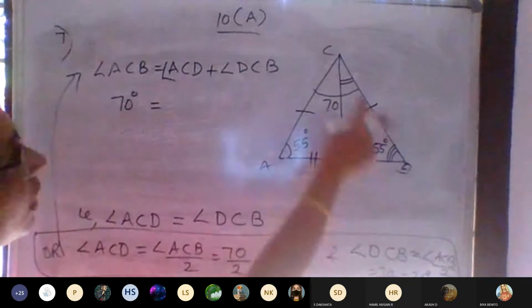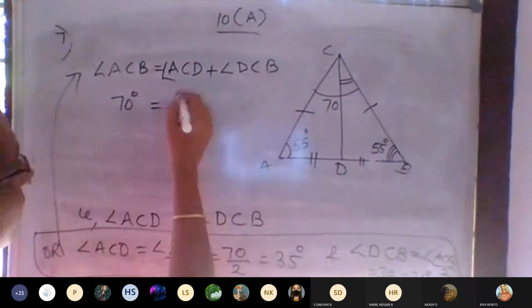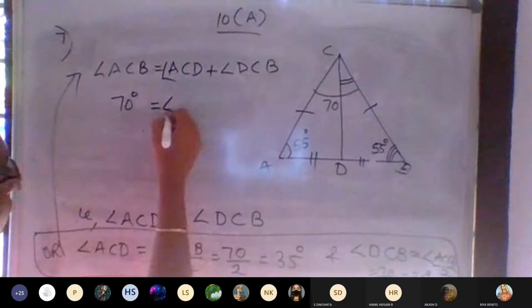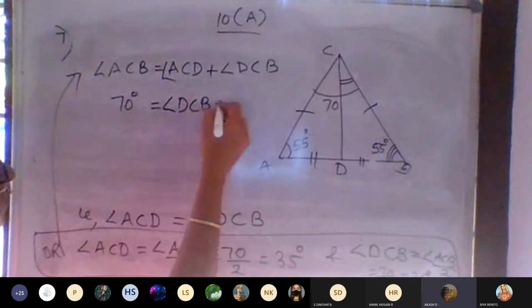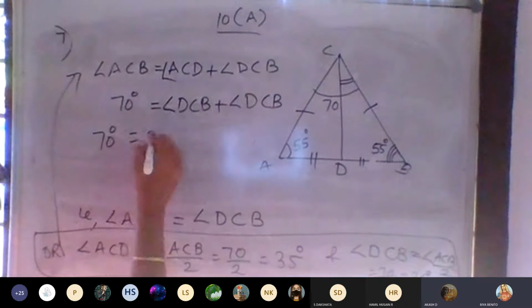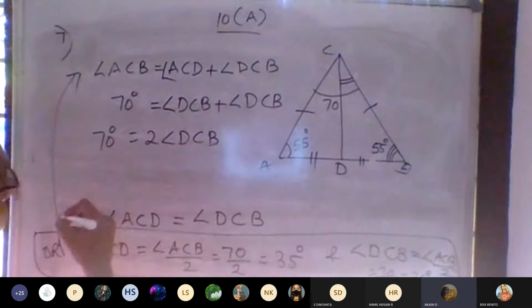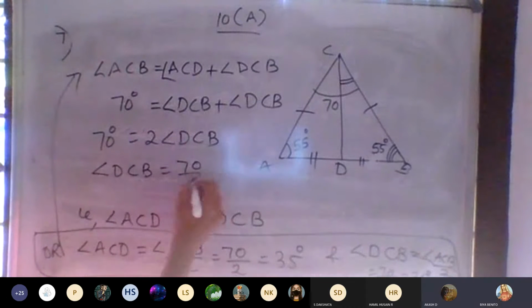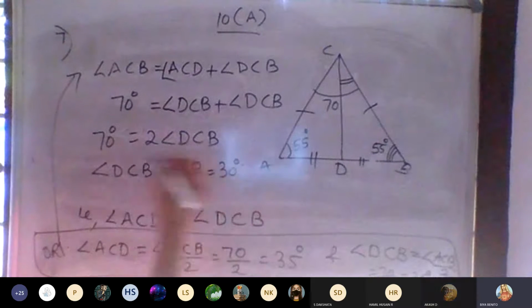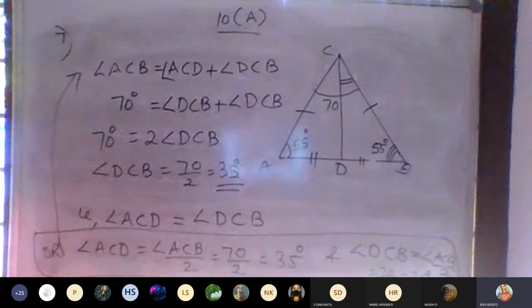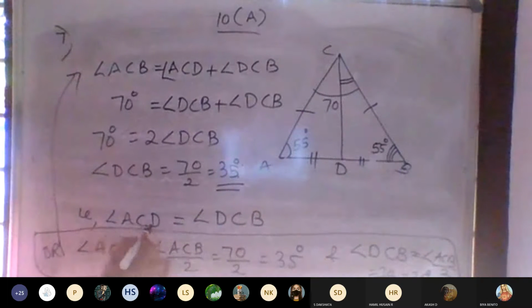So instead of ACD, we can write angle DCB. Angle DCB plus angle DCB equals 70 degrees, which is 2 DCB. So DCB is 70 degrees divided by 2, which is 35 degrees. So after this step, angle ACD is equal to angle DCB.